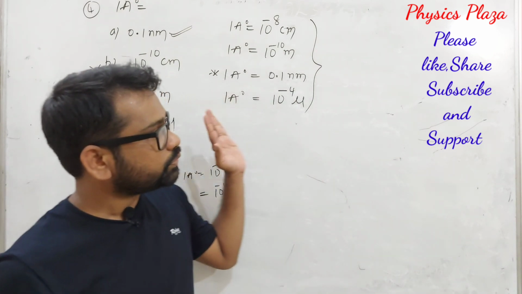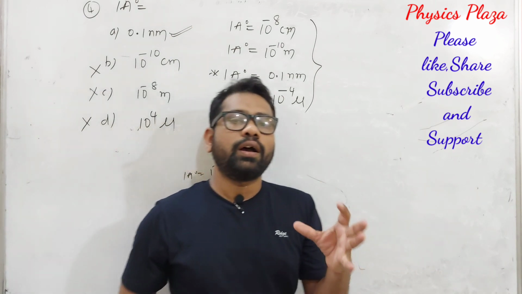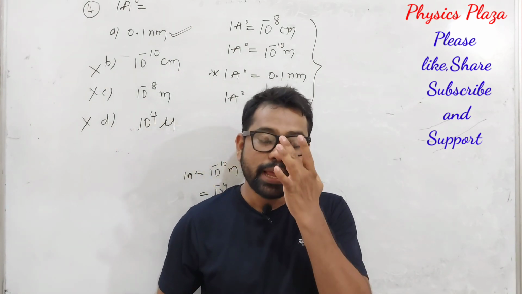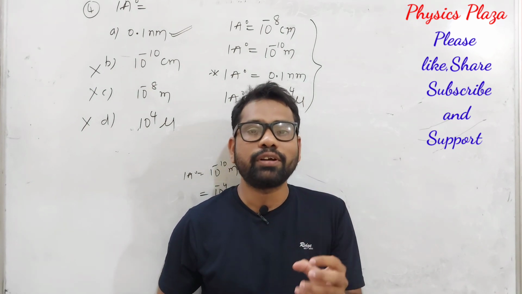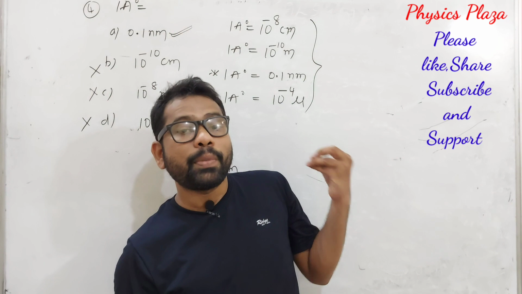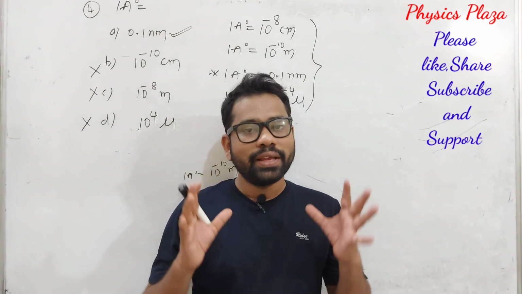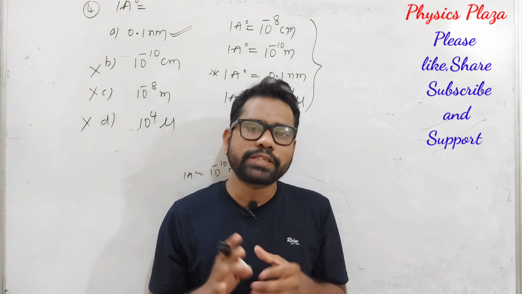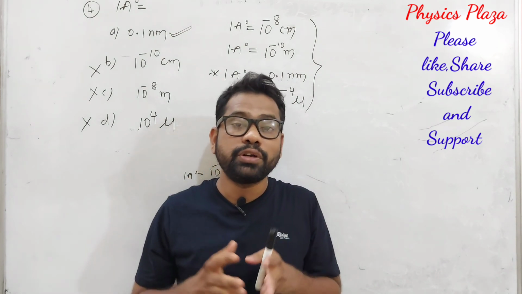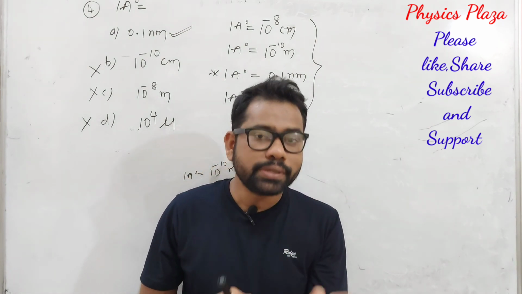So dear children, this is what we discussed in unit A of measurements and experimentation, and there we discussed exercise 1A. We covered all conceptual questions, numericals, and multiple choice questions also. In the next class, dear children, we are going to discuss least count. It's very important, and we are also going to discuss vernier calipers and screw gauge.